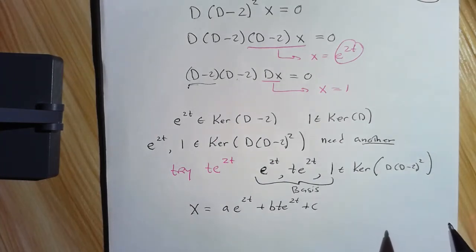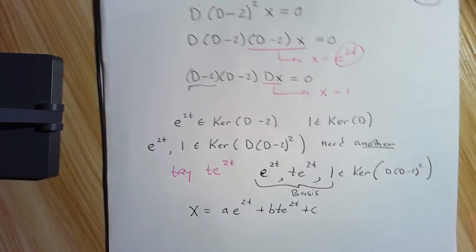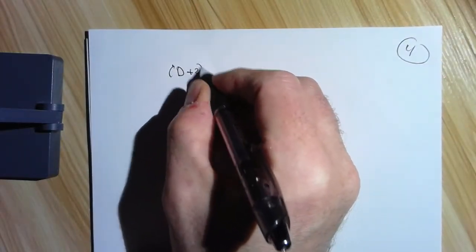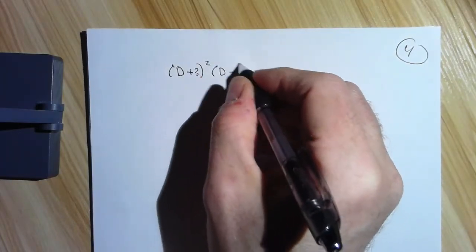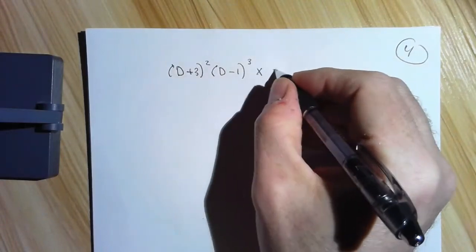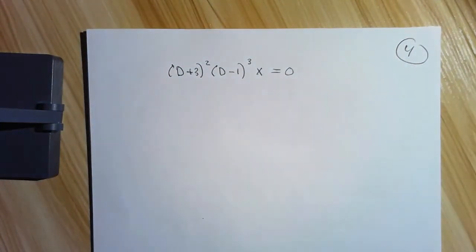Let's do something a bit more involved, just to really push it. What about, so page 4, what if it has something like d plus 3 squared, and I had d minus 1 cubed, for example, on x equals 0.